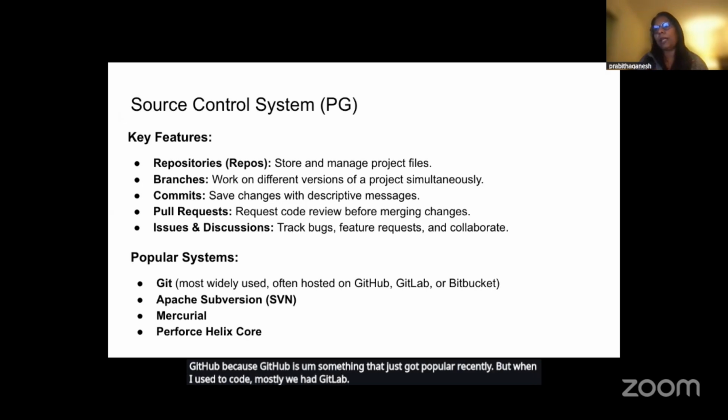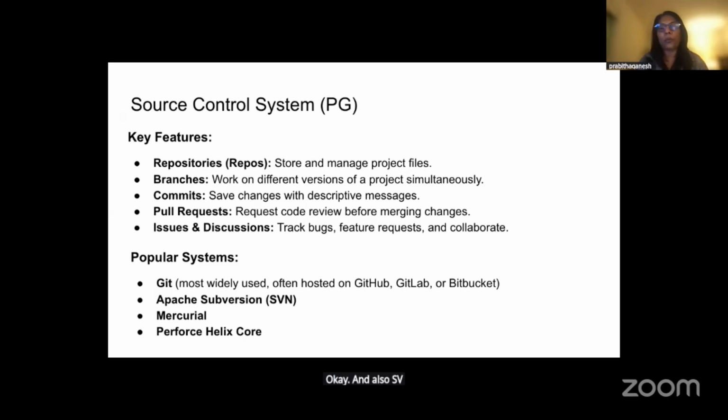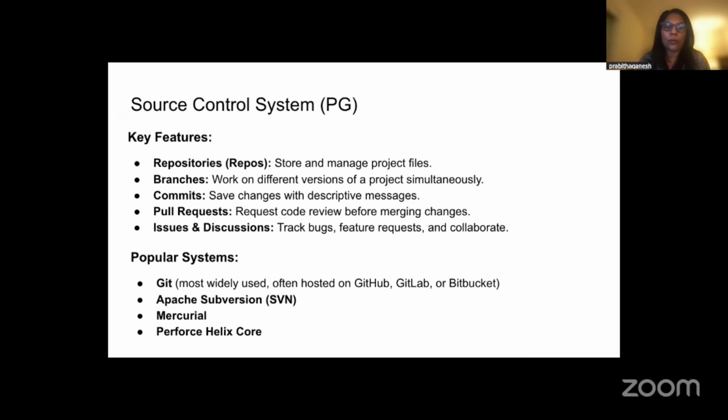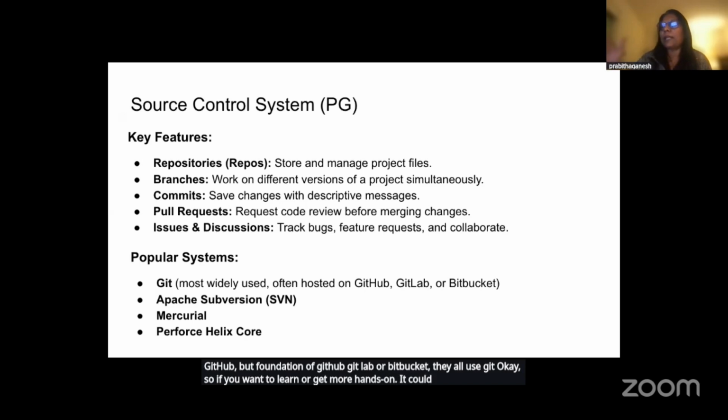And usually we are talking about GitHub, right? I've not used too much of GitHub because GitHub is something that just got popular recently, but when I used to code, mostly we had GitLab. And also SVN was another one that we used a lot. Now there is GitHub, but the foundation of GitHub, GitLab, or Bitbucket, they all use Git.